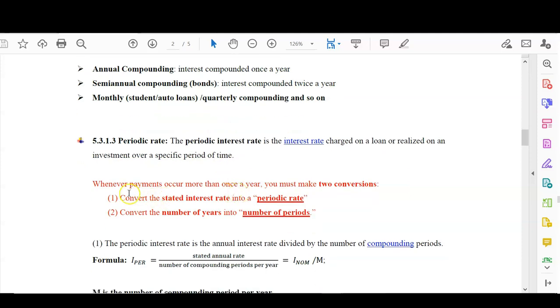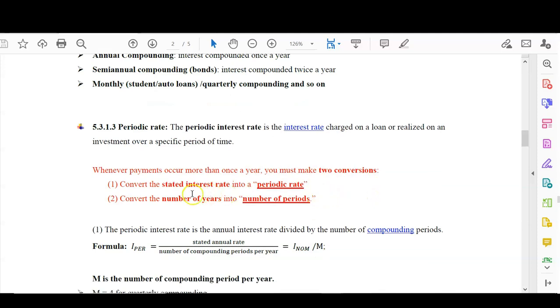Especially when our payments occur more than once a year, if you have compounding periods that's not annual compounding but compounded at a higher frequency, you must make two conversions. First, you need to convert the stated rate or nominal rate or quoted rate or APR into periodic rate, depending on what the compounding periods are.